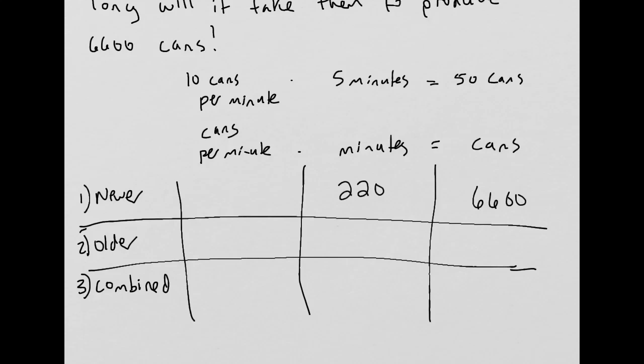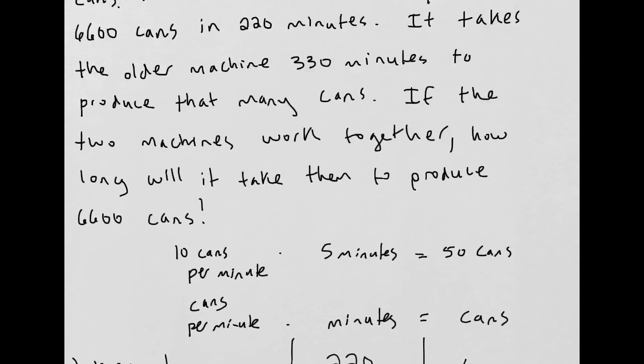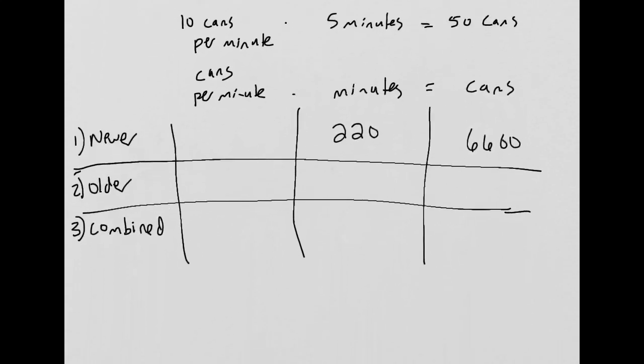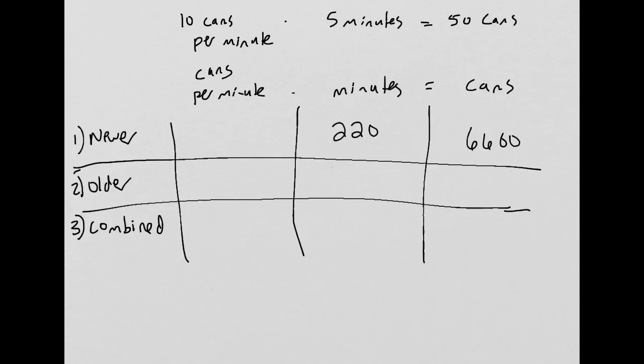The older machine can produce 6,600 cans, because they're referencing the 6,600 number, in 330 minutes. So we could put those numbers in our table as well. It takes the older machine 330 minutes to produce that 6,600 cans.